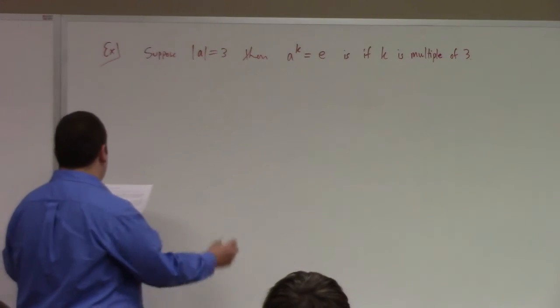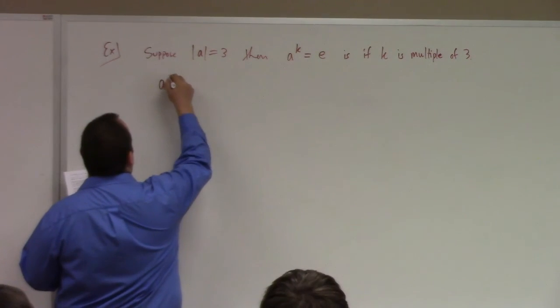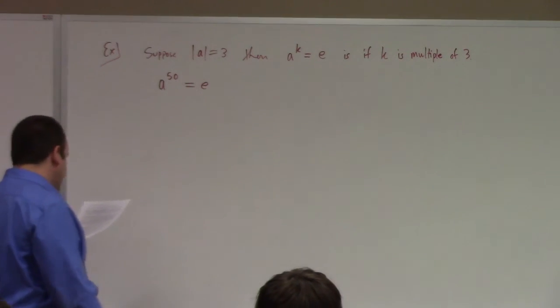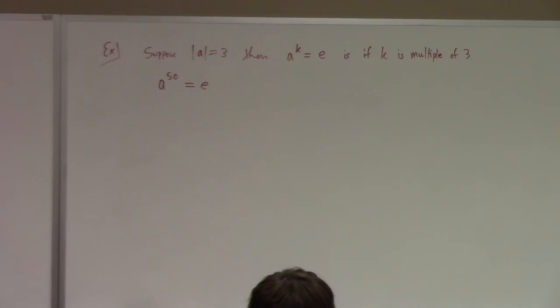Let's make it a little more interesting. Suppose you've got a to the 50th is equal to e. What does that tell you about the order of a?